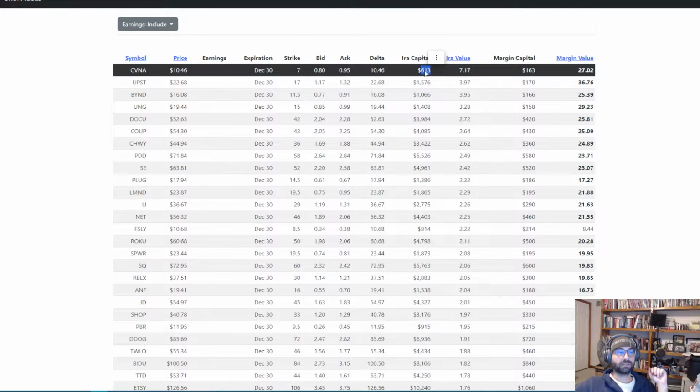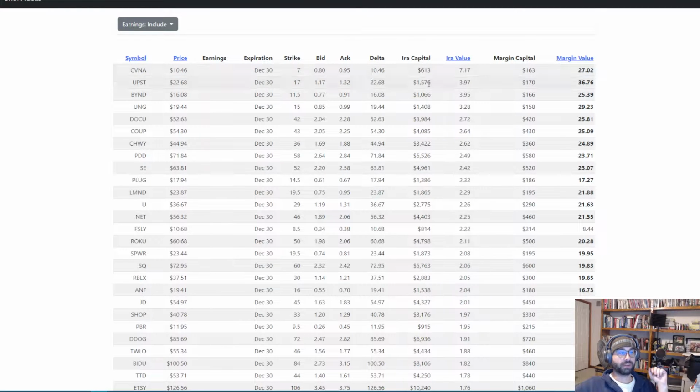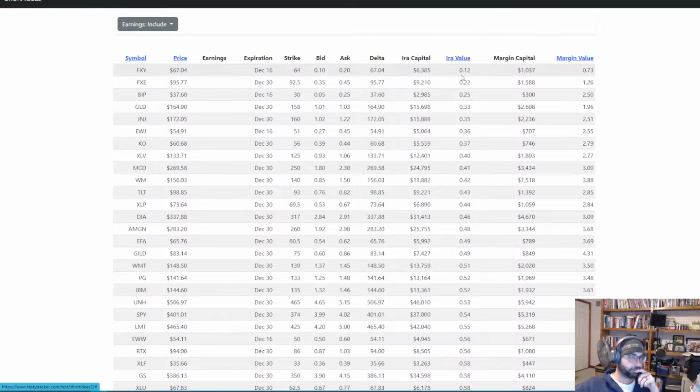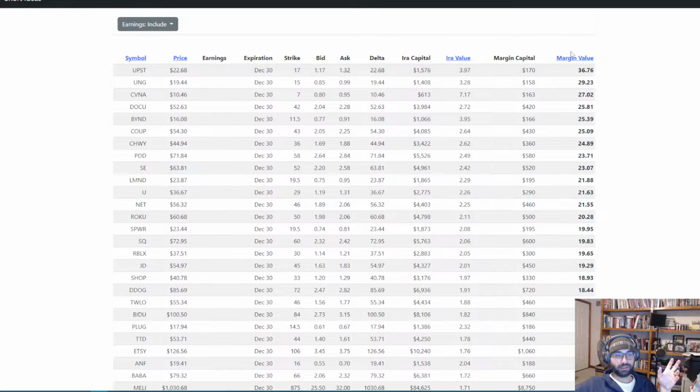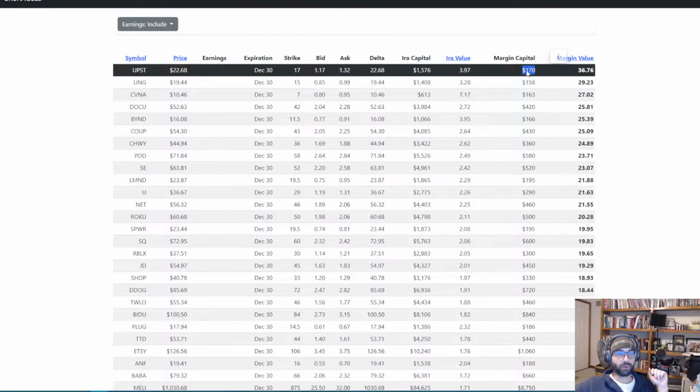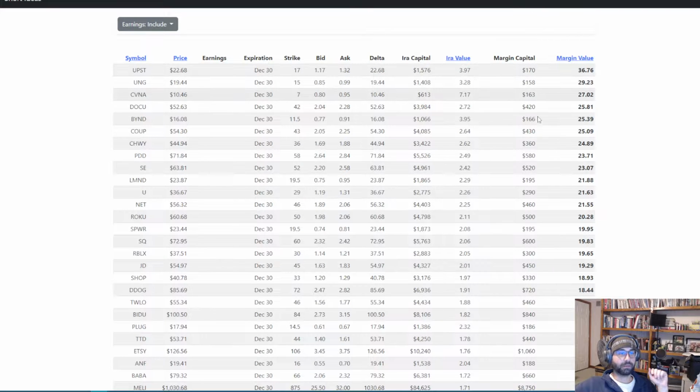I'm sorry, 613 is the capital requirement there in the IRA. So if you really want to, you can sort by IRA value and get a list of some of the best ones without taking margin into account. Or you can try this and give it a go, go down the list and fill it out in your broker. And if it's requiring more than the margin stated, then that's going to affect this number and it probably will not be as relevant.